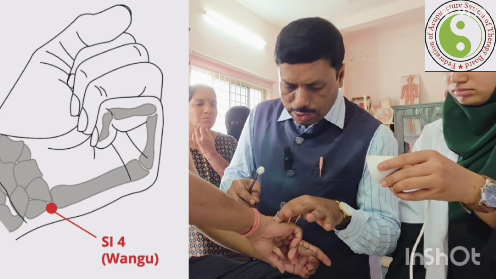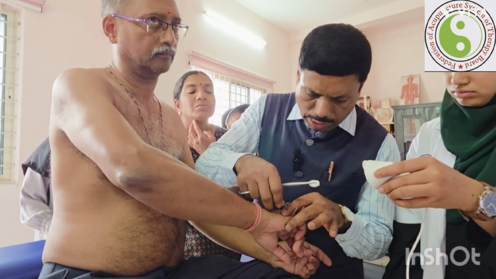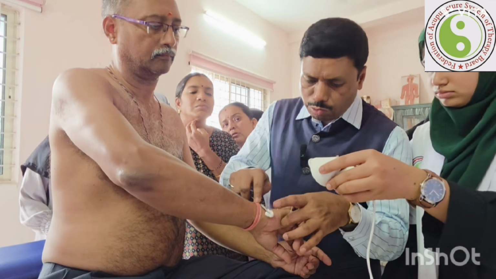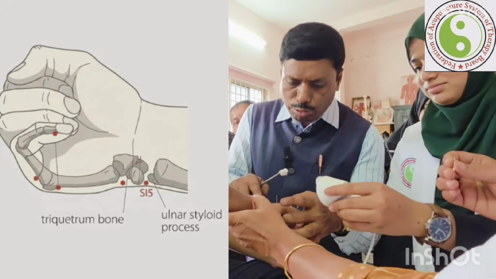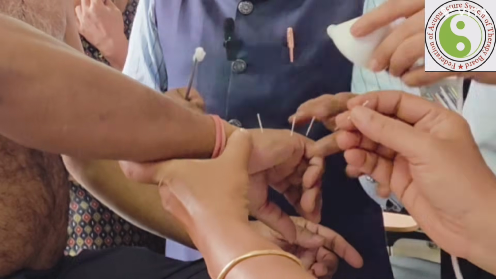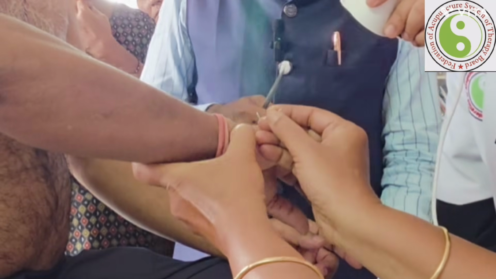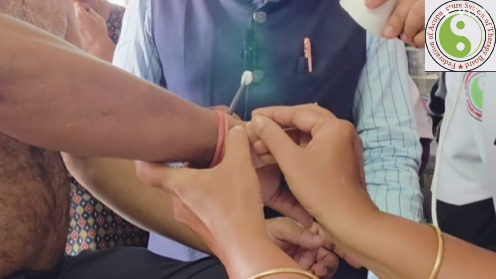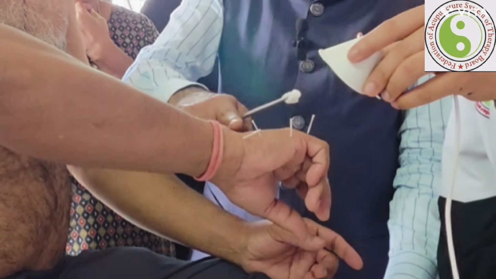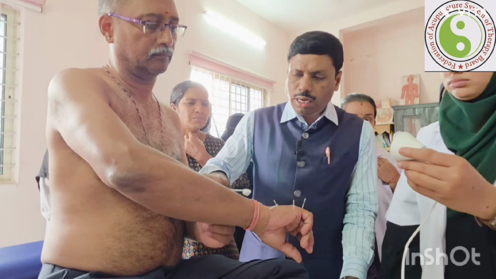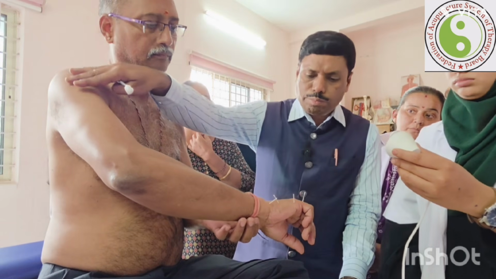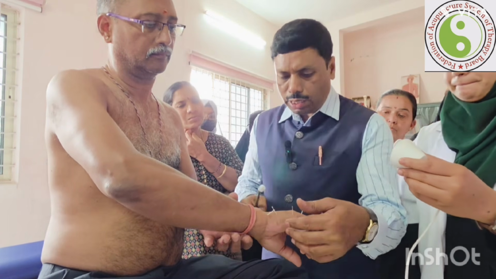SI4 is here, then SI5 point is here. Where exactly is the ulnar bone, just distal to this region, this point is known as SI5. SI5 is the horary point of the small intestine. This will help to treat small intestine disorders.